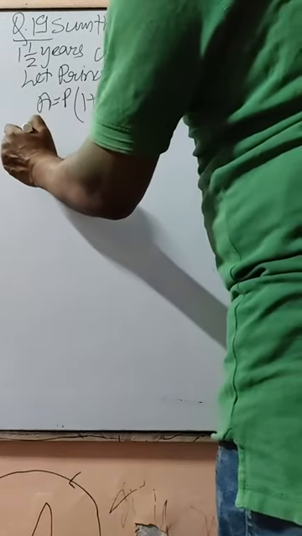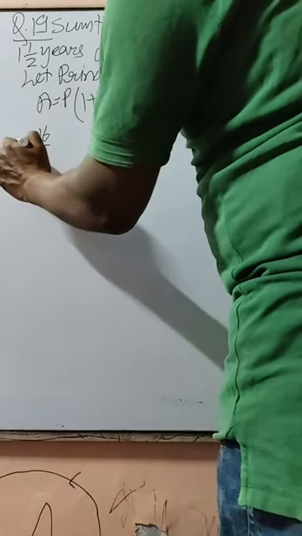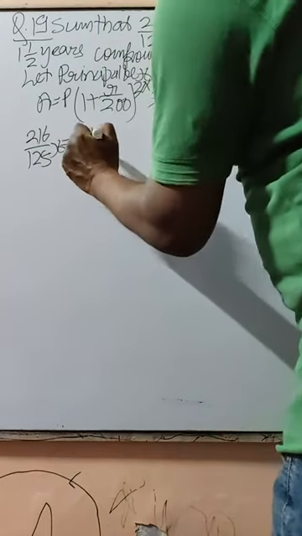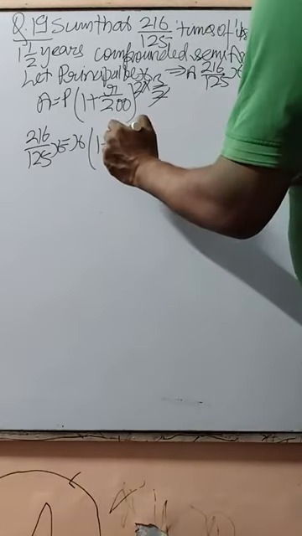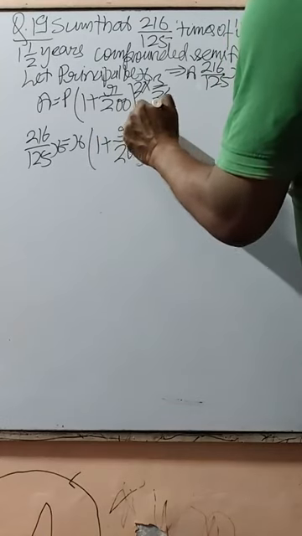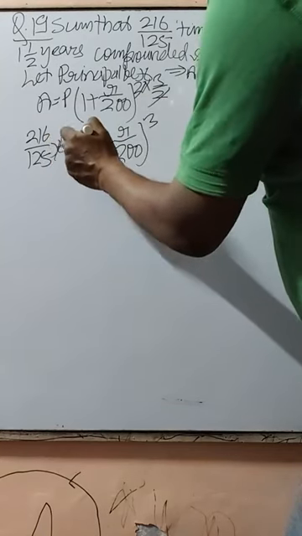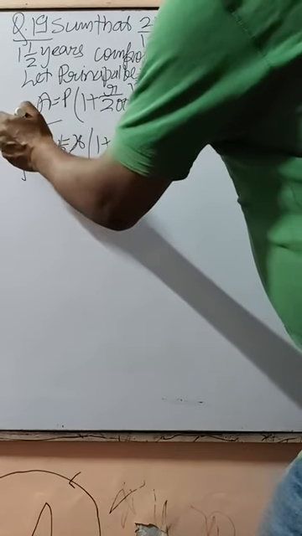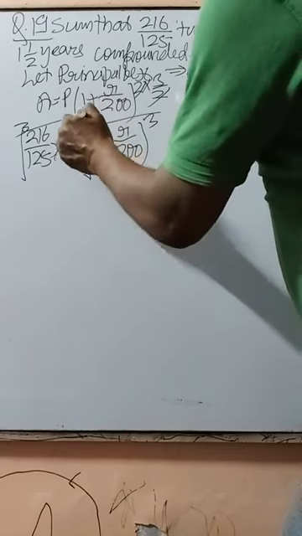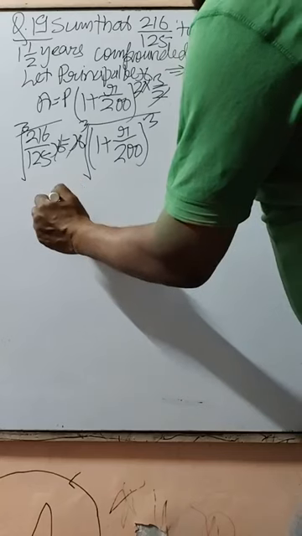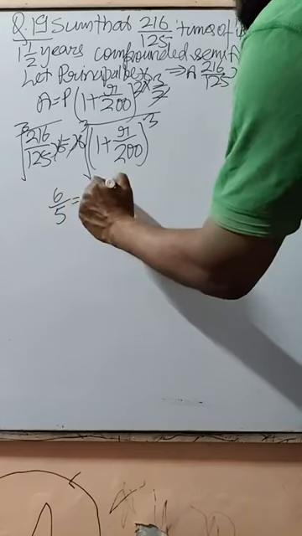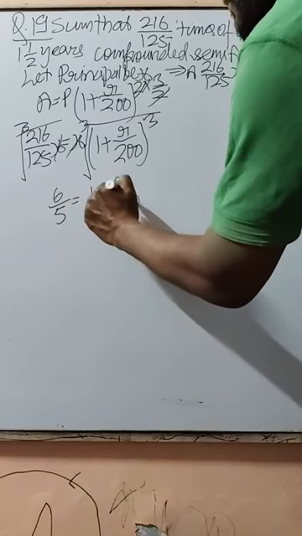So 216 upon 125 x is equal to x bracket 1 plus r upon 200 raised to the power 3. Right, this x and x is cancelled out. Taking cube root both sides, you will get 6 upon 5 is equal to 1 plus r upon 200.